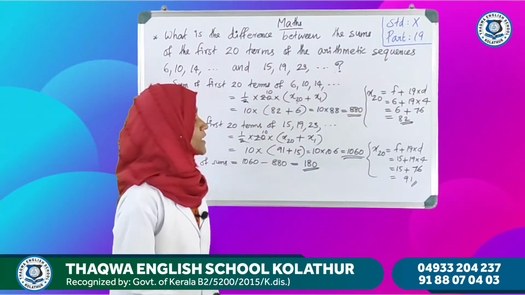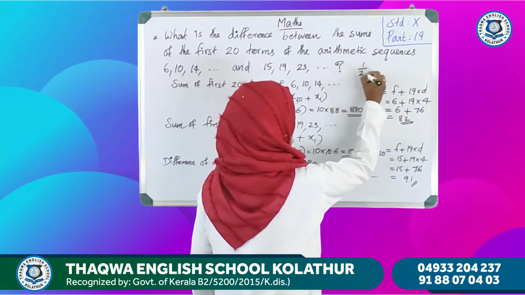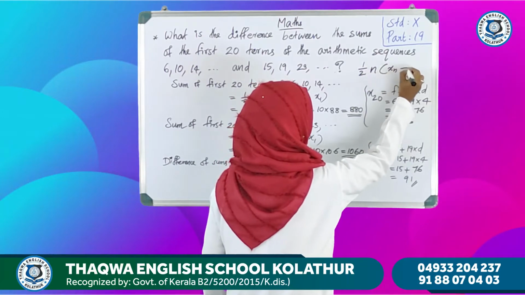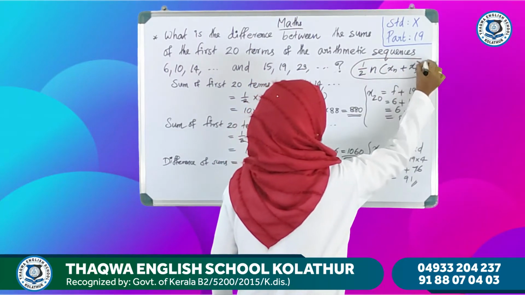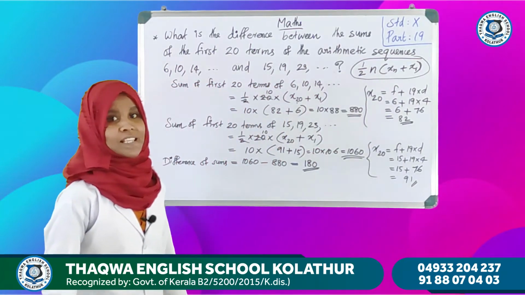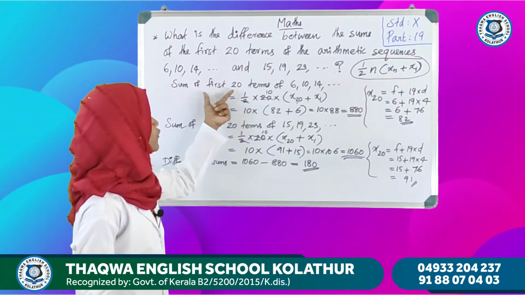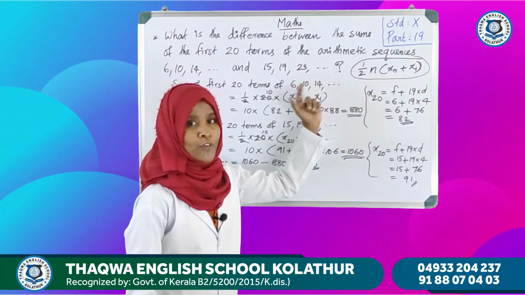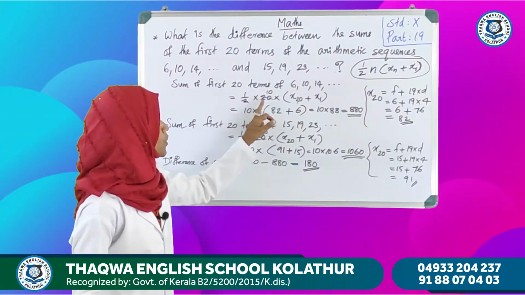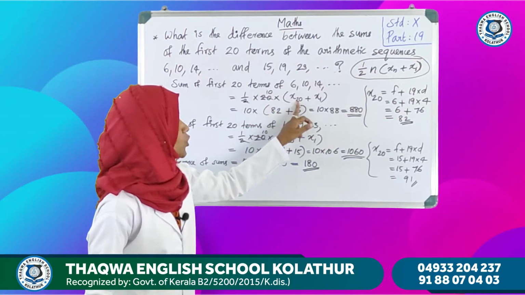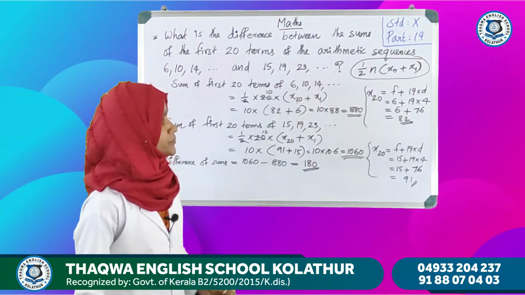Sum of the first n terms is half n (xn plus x1). So the sum of the first 20 terms of 6, 10, 14, etc. is half into 20 into (x20 plus x1).